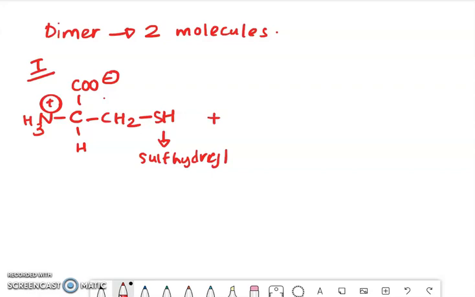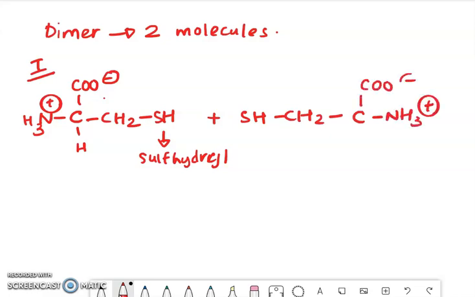Plus another cysteine. Here oxidation takes place and this hydrogen is removed to release a hydrogen molecule. Then we will get our desired cystine dimer.